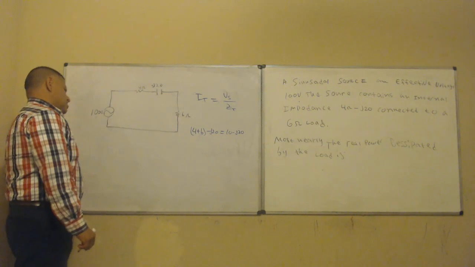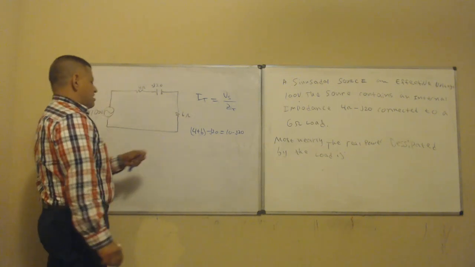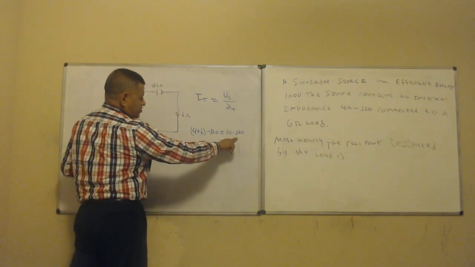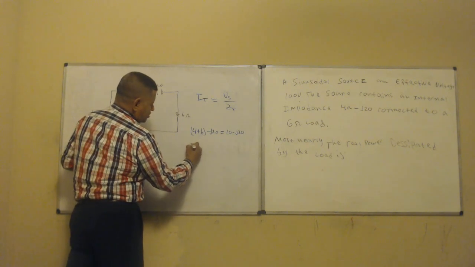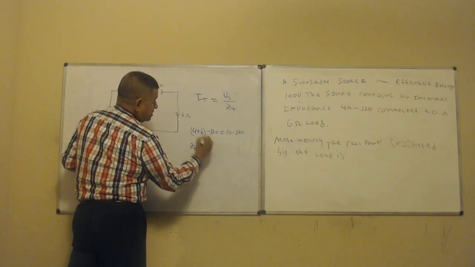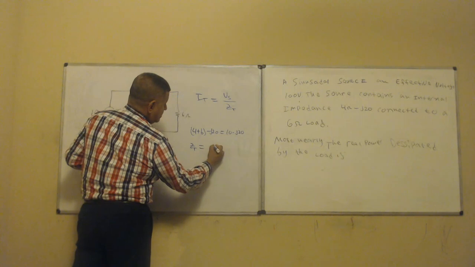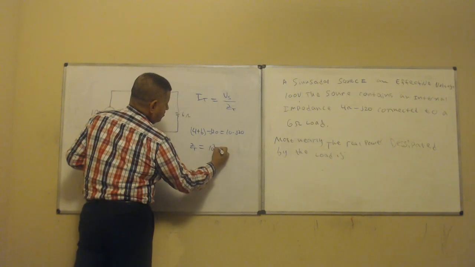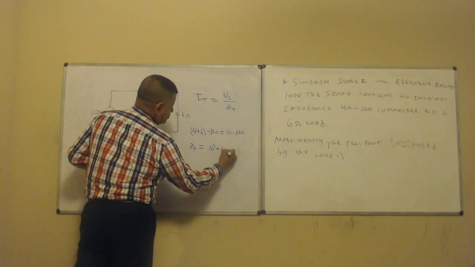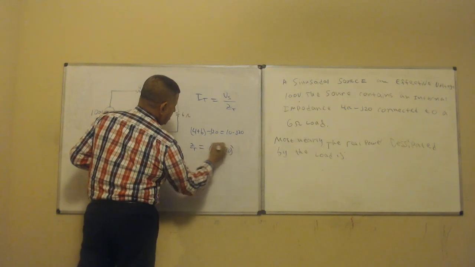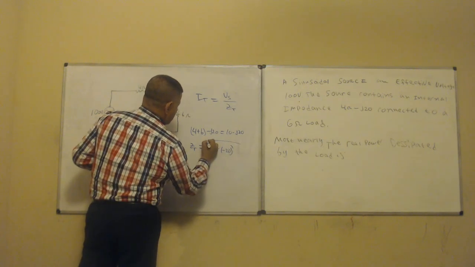Now, remember the Z is going to be equal to the square root of that. So Z total is going to be equal to the square root of 10 squared plus 20 squared, right?